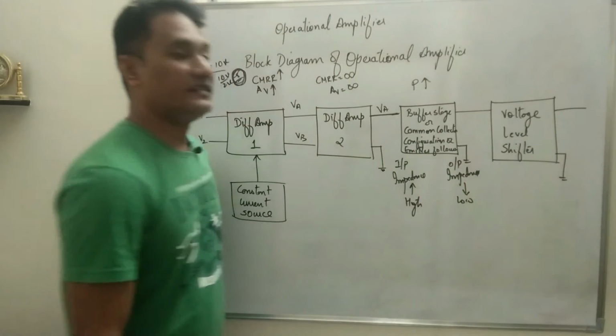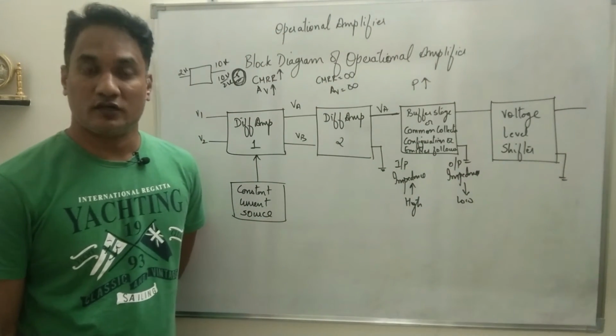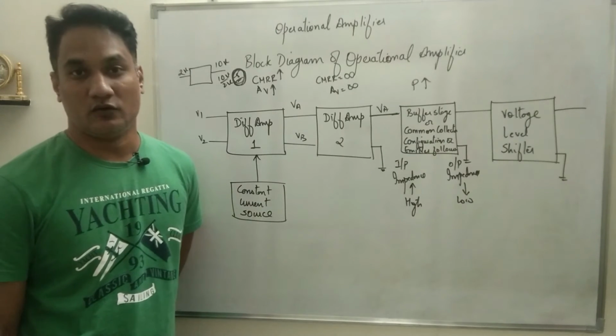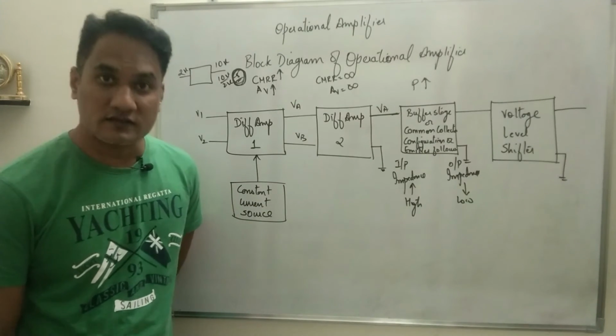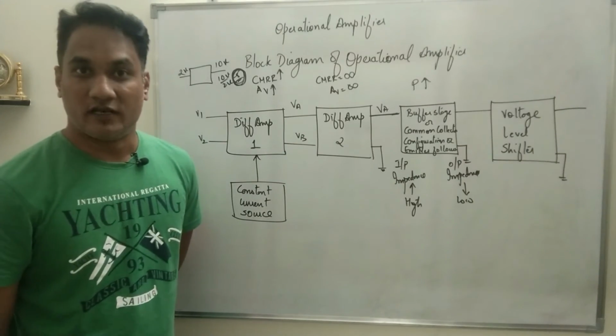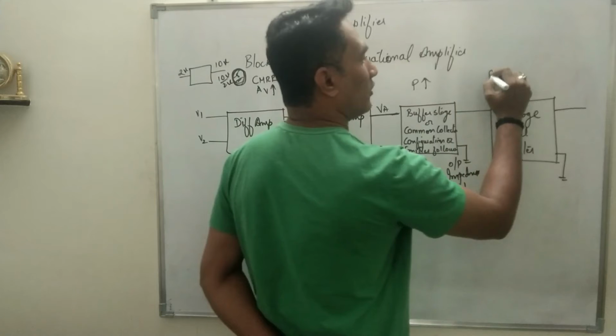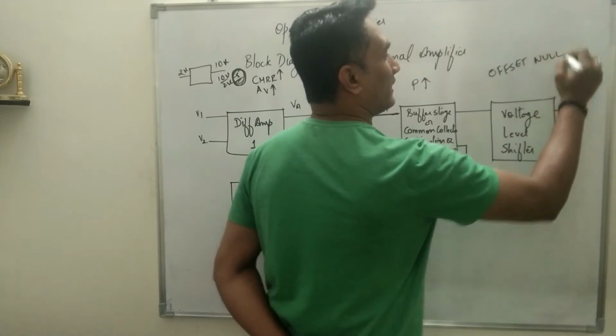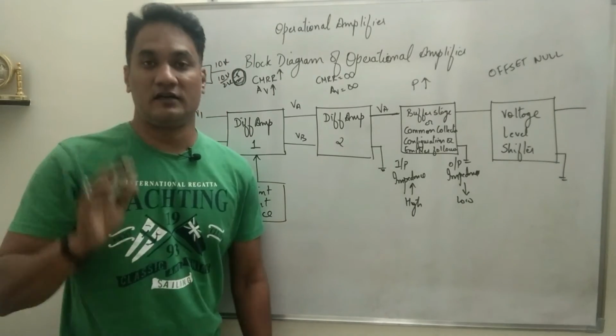That means in the absence of an input signal, the output must be 0. If the output is not 0, the output has to be brought back to its zero level. And that process is called offset null. Please listen to it carefully.